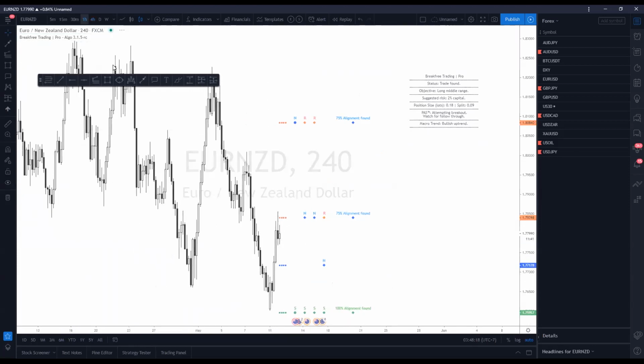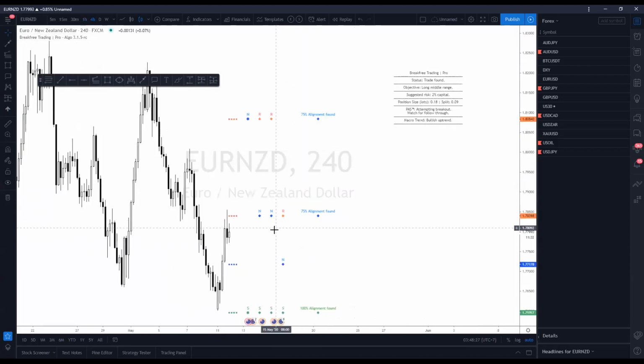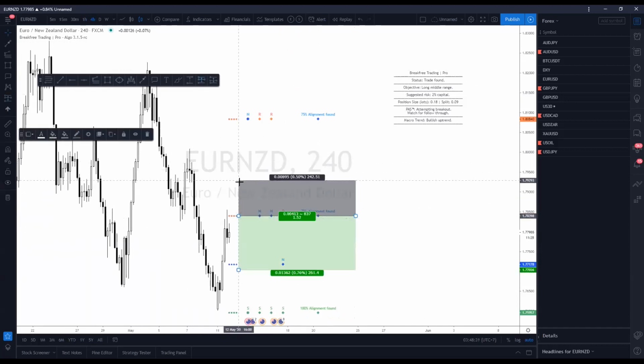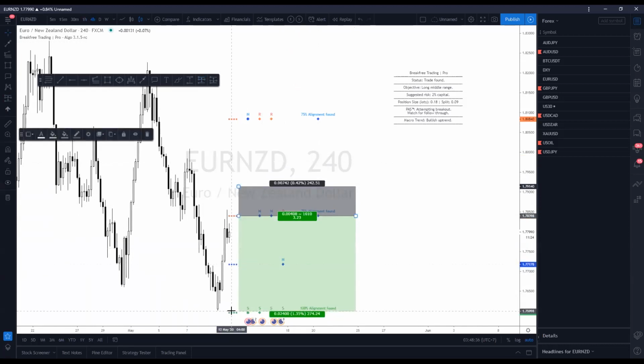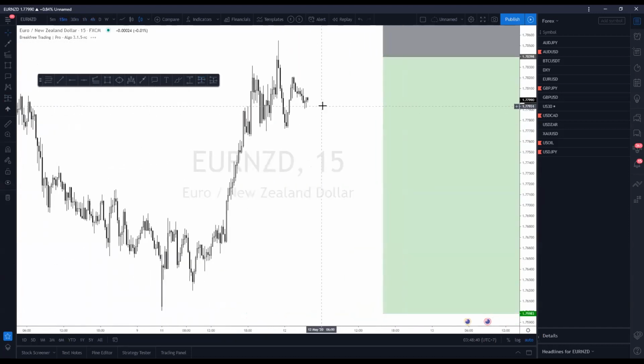It's like an indecision candle, so you might see another push up, but you could take a lower risk trade on this. You would put your entry here, and then your TP1 would be here, and then you can have your TP2 there if you want. Let's look at the 15 minutes quickly.